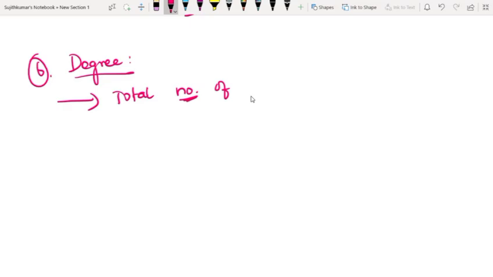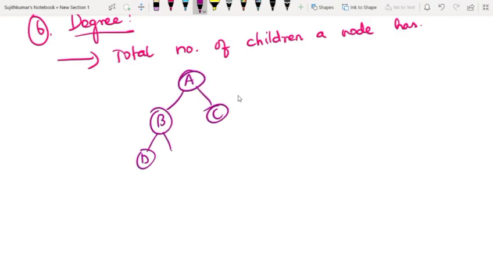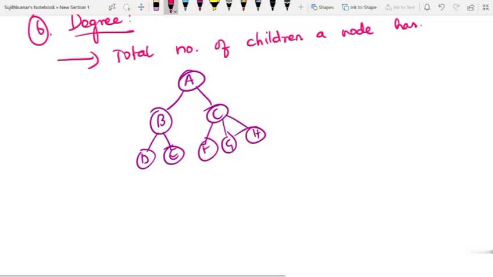It's a number, it's a measurement, the total number of children a node has. Okay, let me explain this with an example. Say A, B, C, D, E, F, G, H. What is the degree of A?